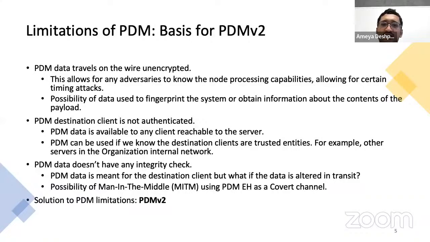Then the destination client was not authenticated; any client which is reachable to the PDM server could potentially get the PDM information. And the last limitation, which is common to extension headers in general, is that extension headers could be used as a covert channel. So there should be an integrity check so that it doesn't get altered in between.